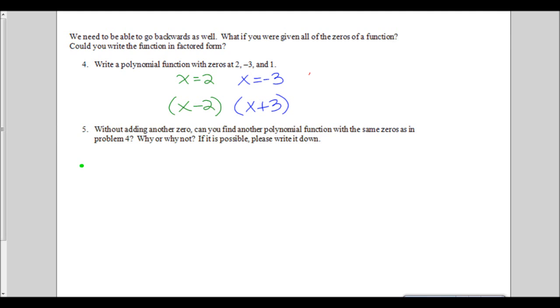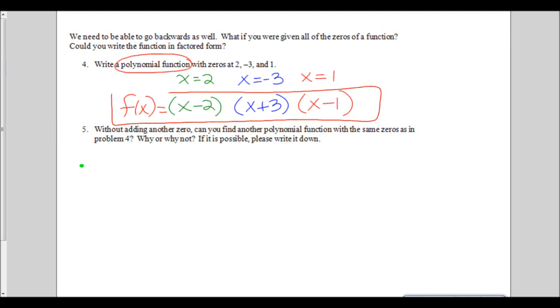If my 0 was x equals 1, then my factor would be x minus 1. This is a polynomial expression right now. It's not an actual function until I put something out in front, like an f of x or a p of x or a y equals, something like that.